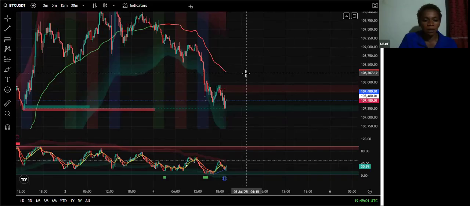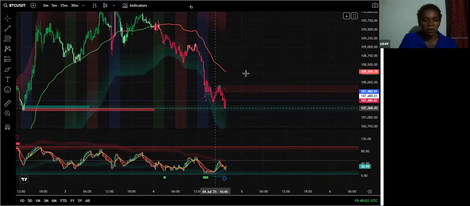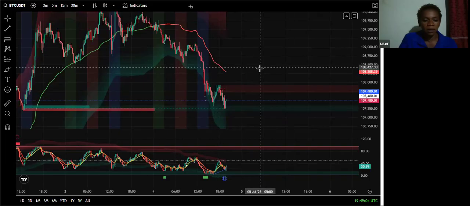That is actually where large institutional traders are.